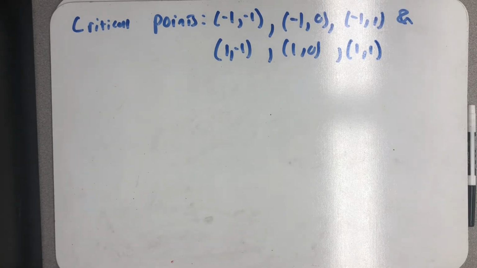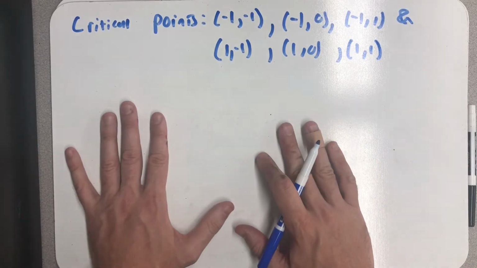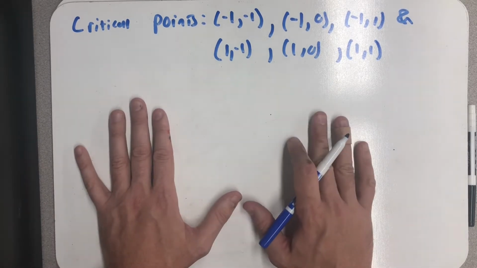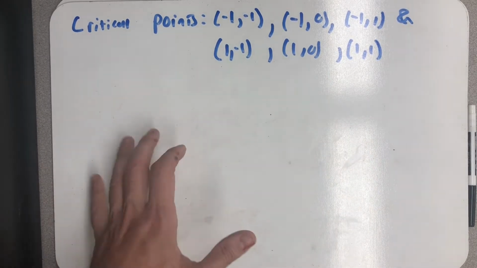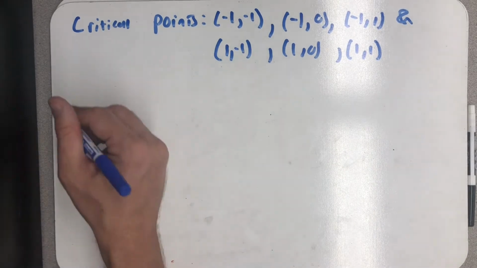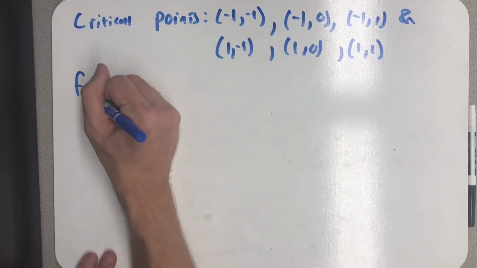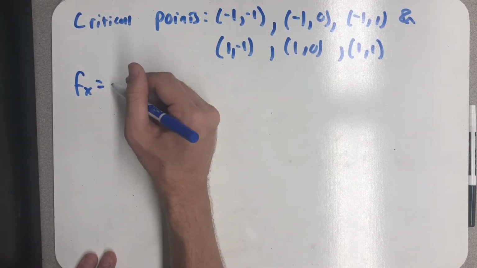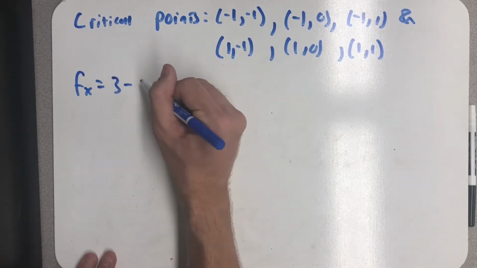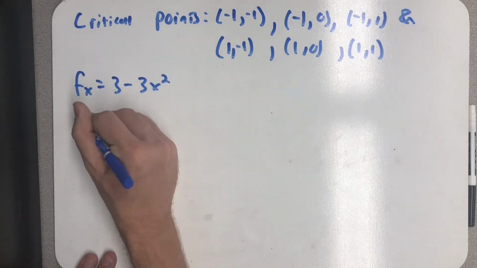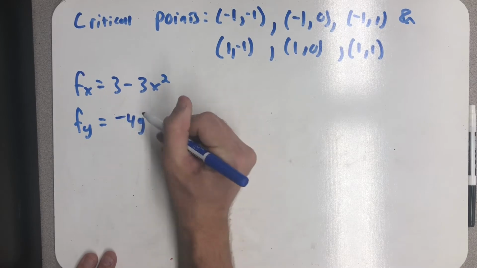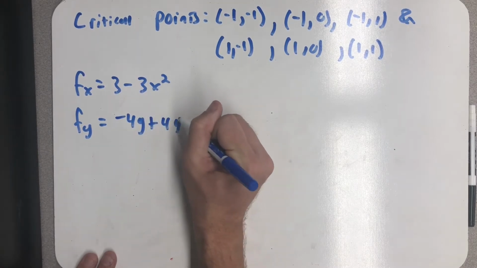I want to calculate my second order partials, and then we'll need to calculate some specific values for some of those second order partials and the discriminant. All right, so from our previous work, fx, the first partial with respect to x, was 3 minus 3x squared. The first partial with respect to y was minus 4y plus 4y cubed.